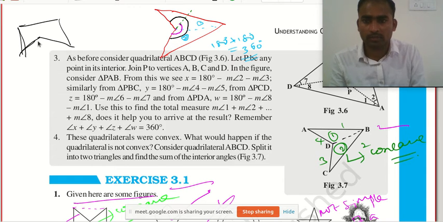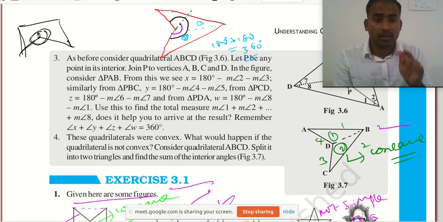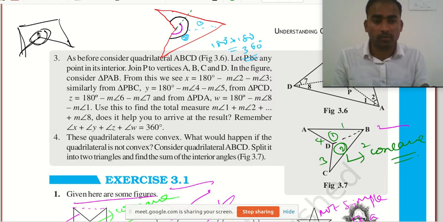So in this also, this angle will be more than 180 degrees. This is also a concave polygon. Here the angle is more than 180 degrees. For concave and convex polygons, the sum of all the interior angles is equal.